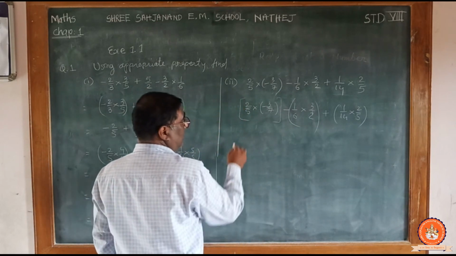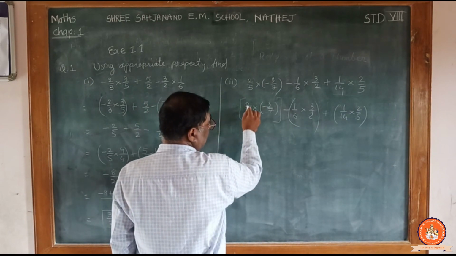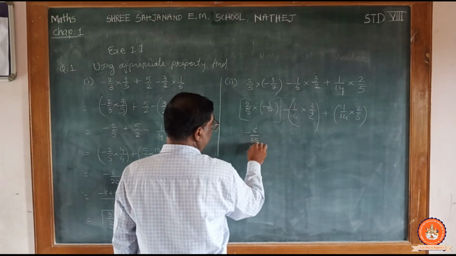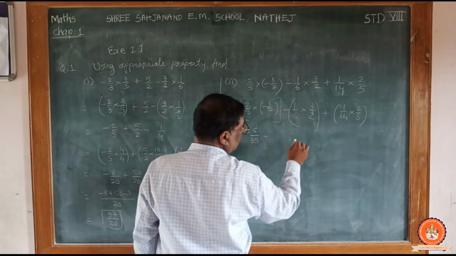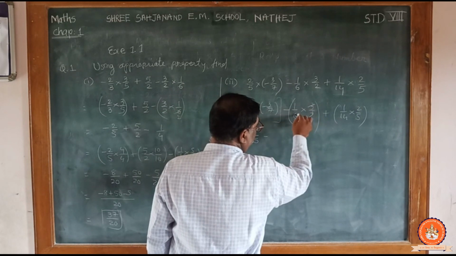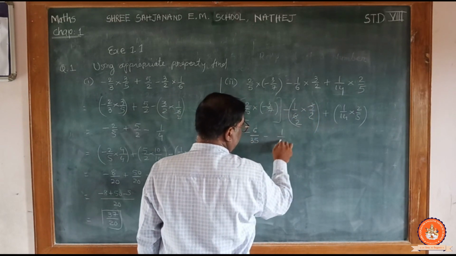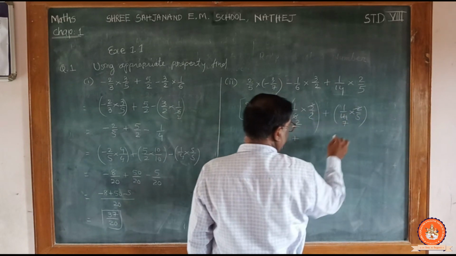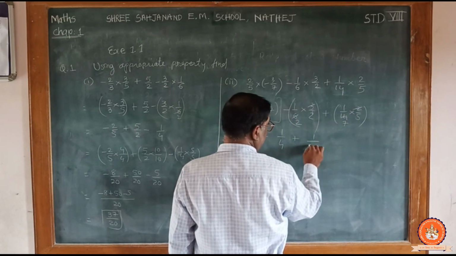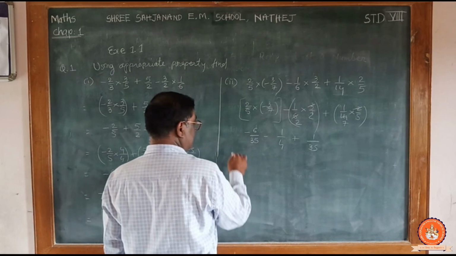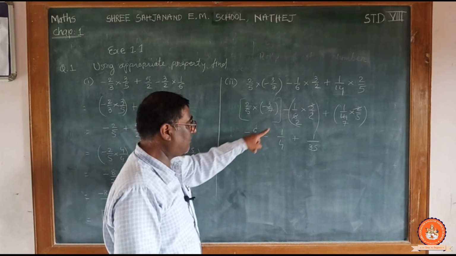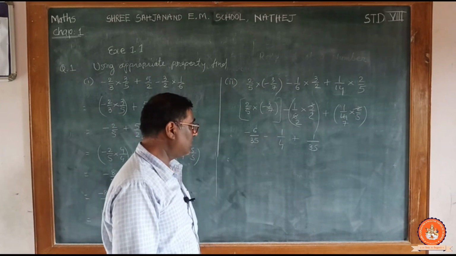Okay, now it is minus 6 divided by 5 7s are 35, minus 3 2s are 6, it's 1 upon 4, plus 2 7s are 14, it's 1 upon 35. Okay, so minus 6 upon 35 minus 1 upon 4 plus 1 upon 35.